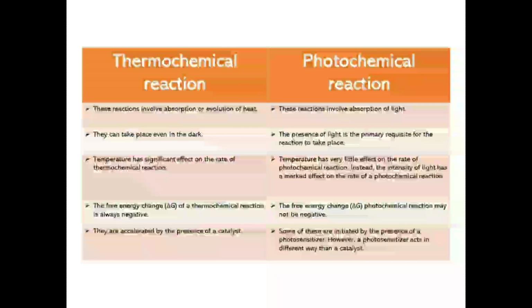For a photochemical reaction, it is not always negative; it may be positive or negative. Thermochemical reactions are accelerated in the presence of a catalyst, but photochemical reactions are initiated in the presence of photosensitizers. It may act as a catalyst. So what is a photosensitizer? It increases the rate of reactions. We call it a photosensitizer.